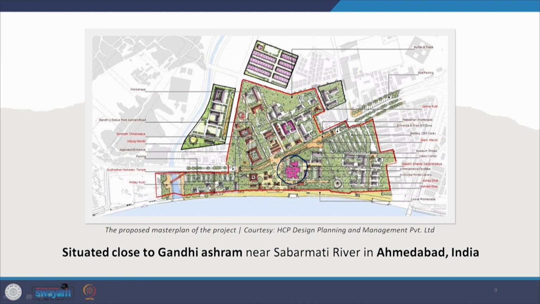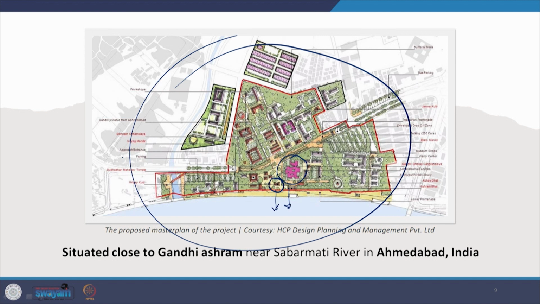This is a vastly more organized, elaborate plan, and this is where the Hriday Kunj is. This is the original Sabarmati Ashram of Gandhiji. So here you can see that both of them are facing towards the Sabarmati river, and this is how they are situated, but the compound itself is going to be a very massive set of buildings.